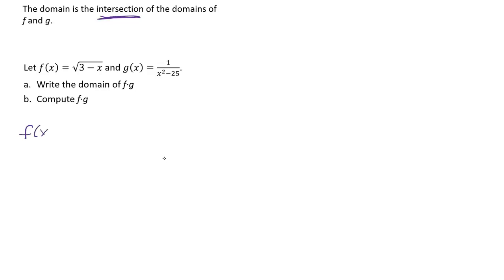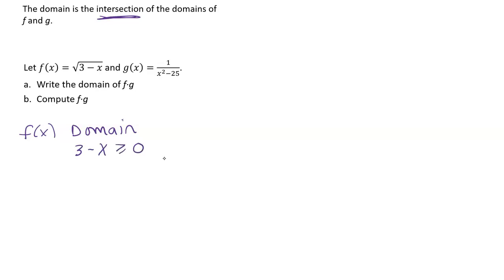First we want to think about our domain of f of x. So f of x is a square root function, and you can look at that on Desmos if you want to, but we've also talked about how the inside of that square root must be greater than or equal to 0.